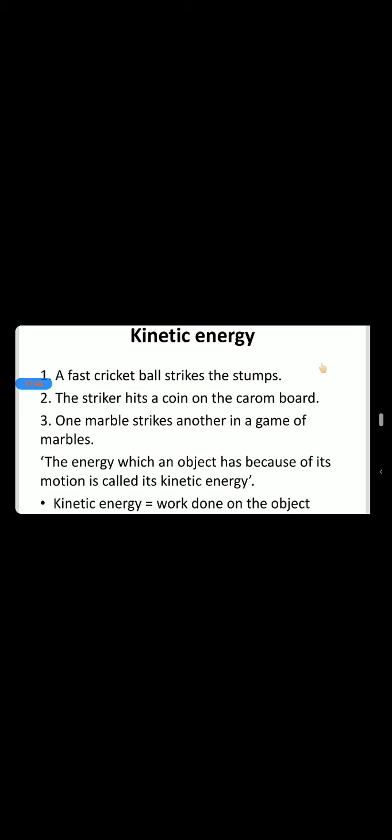In this case also, the energy we provide to the first marble is transferred to the second marble, and it gets displaced from its original position. So what could we say from all this information? The energy which an object has because of its motion is called kinetic energy, and the energy which an object has because of its state is called potential energy.